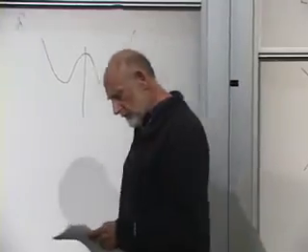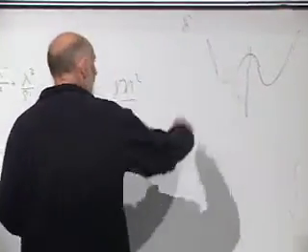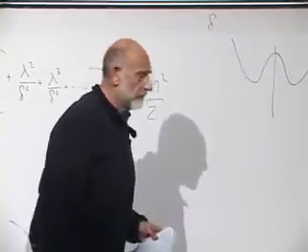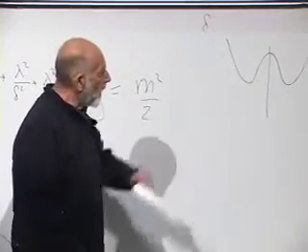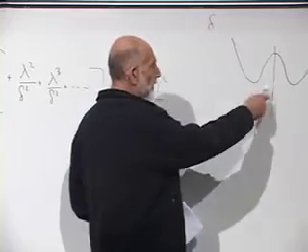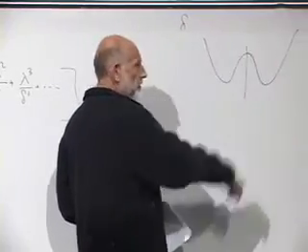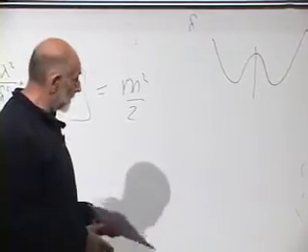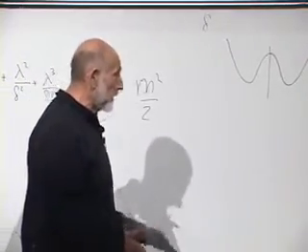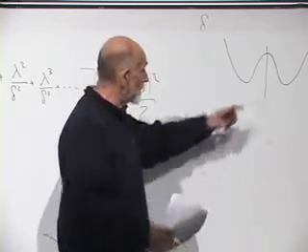Let me just remind you what we know about lambda. I will tell you that there are good reasons, we won't go into them, why the potential for the Higgs boson has to have this Mexican hat shape. That was in order to facilitate the problem of getting masses, spontaneous symmetry breaking, and so forth.